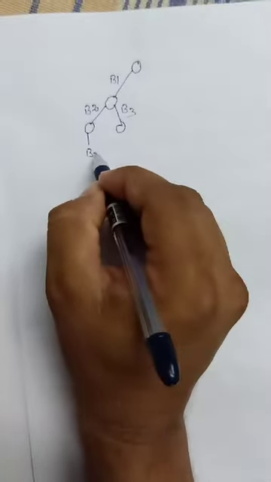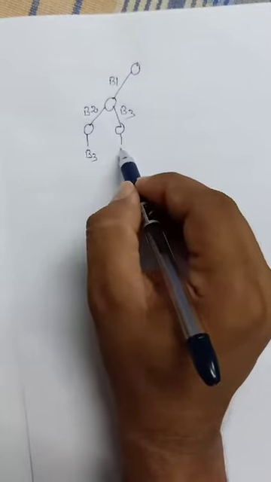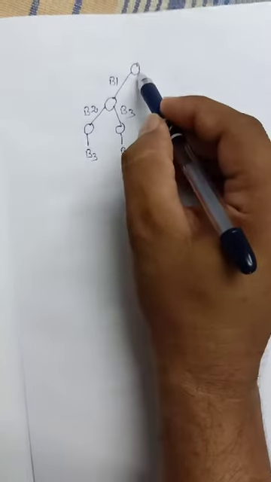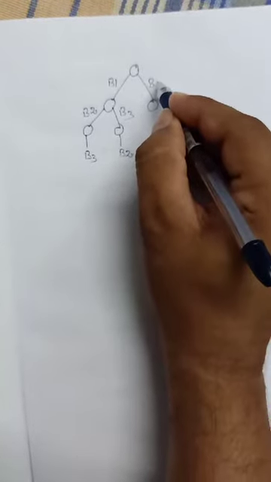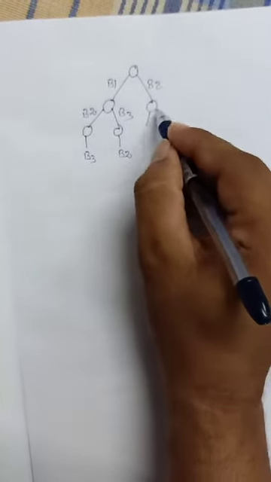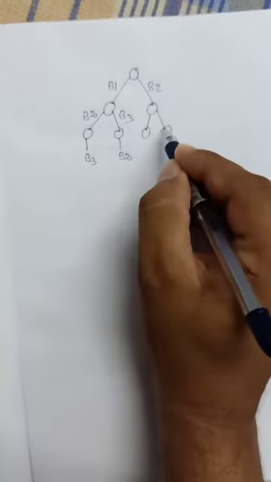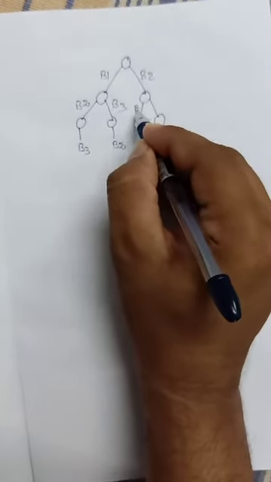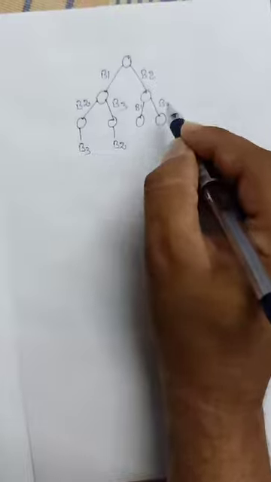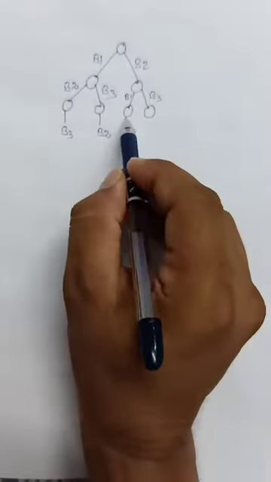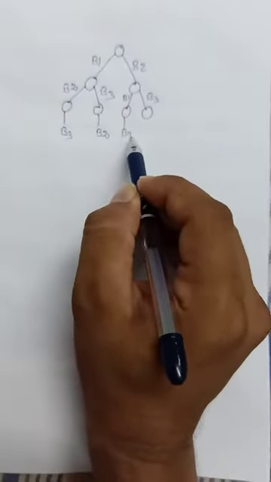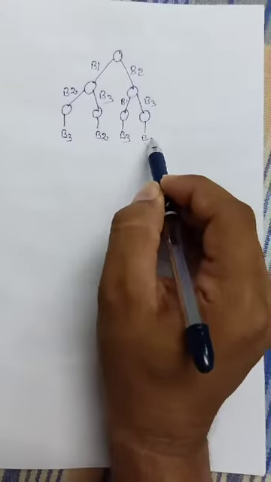If I set B2, B3 is the final one. If I set B2 first, then either B1 or B3. If B1 is my second one, what is the possibility? B3. Here B1.